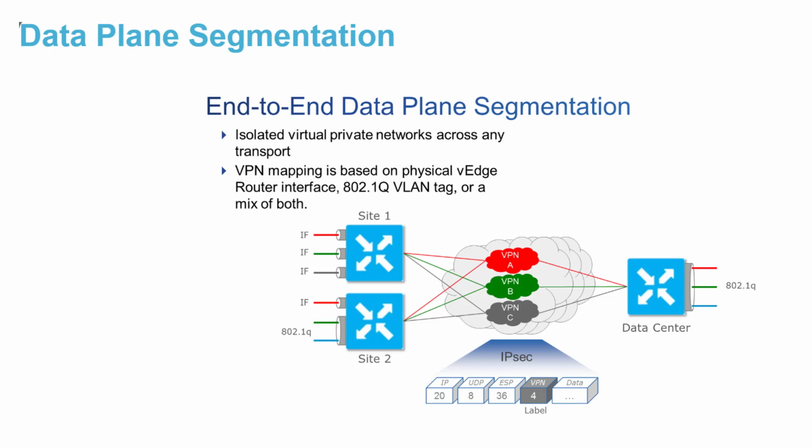We talked about those. VPN 0, which is our transport VPN that's maintained internally, and then also our internally maintained VPN 512. We also have the ability to do dual stacking with IPv4 and IPv6 addresses. So segmentation is a very powerful tool in this overall architecture.